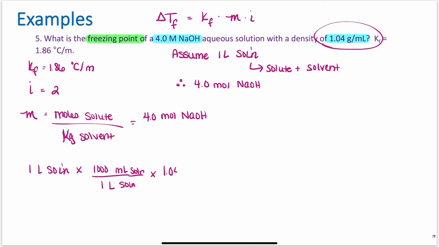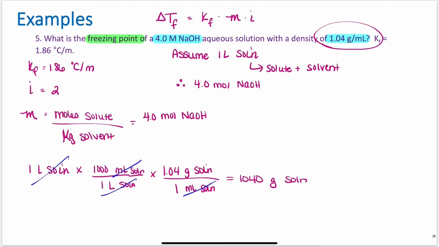Multiply that by my density, 1.04 grams of solution per 1 milliliter of solution. My mils have canceled, my liters have canceled. This is going to give me my grams of my solution. When I calculate this out, I get grams of solution equal to 1,040 grams of total solution.